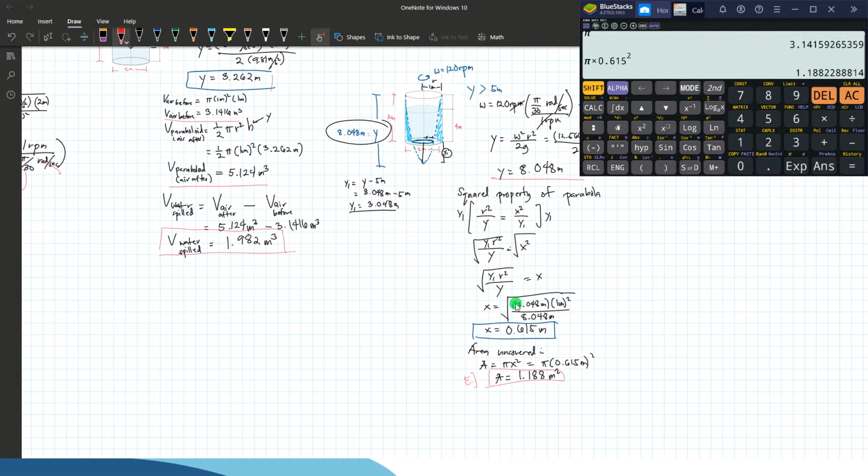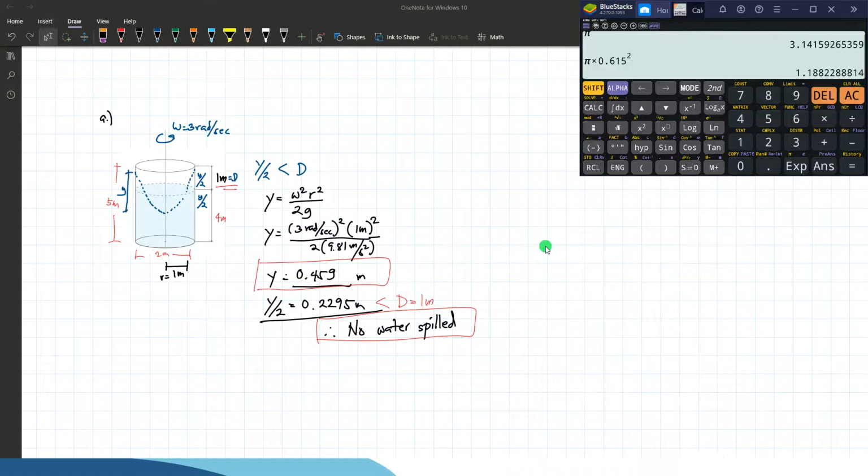Okay, so going back to letter A, if the problem requires to determine the maximum and minimum pressure acting at the bottom of the tank, what we will just do here is that the minimum pressure on the tank will be at the center because it has the least depth of fluid.